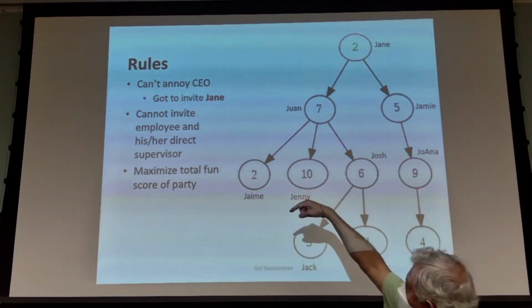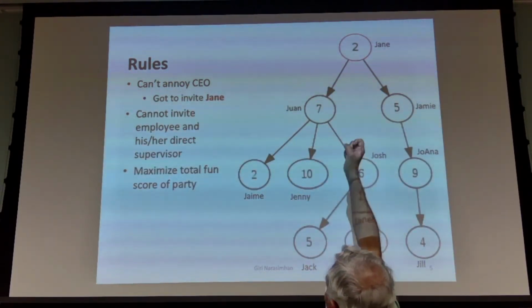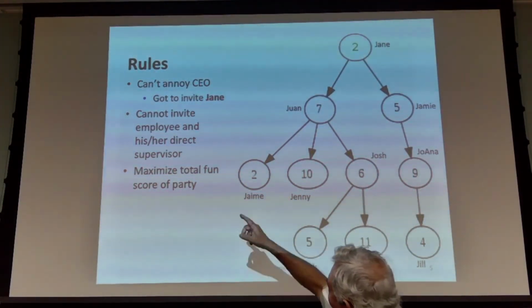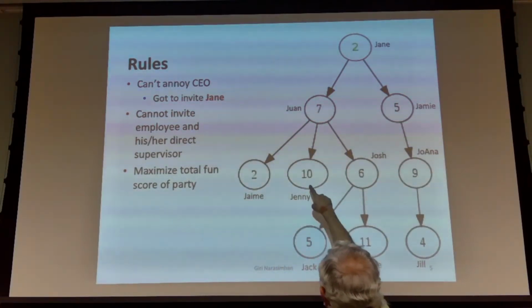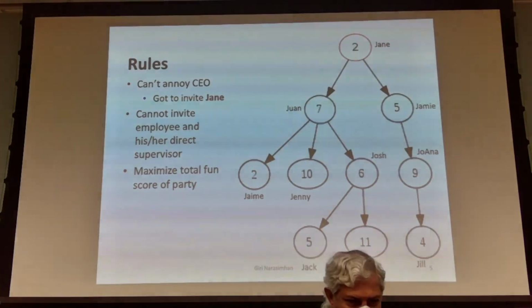So those are your constraints. First, the CEO or the top person needs to be invited. And you cannot invite a person and their immediate supervisor, and you want to maximize the total fun score.